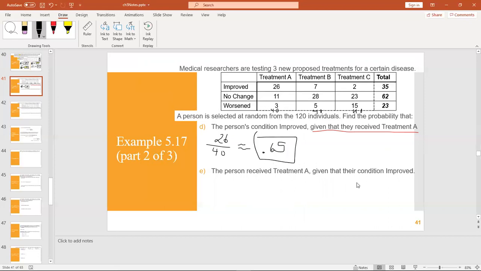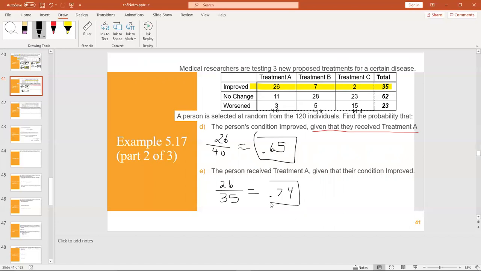That's a good sign. Now the reverse: the person received treatment A given their condition improved. So if they improved, now we're talking about this. Of those 35 individuals who we know improved, 26 of them got treatment A. So you notice 26 is still the numerator here, but we're changing our frame of reference to the 35 people who improved. 26 divided by 35, that is 0.74, and again, that's approximately.